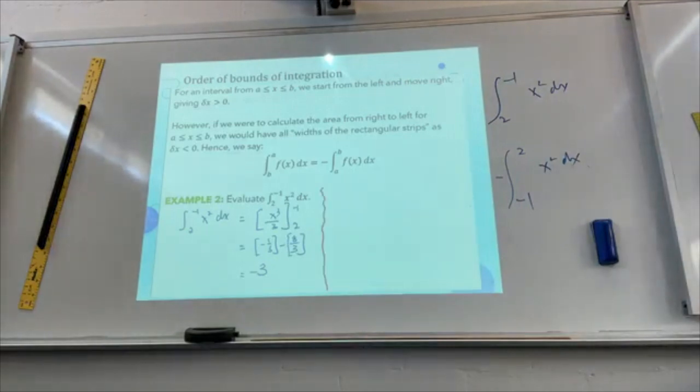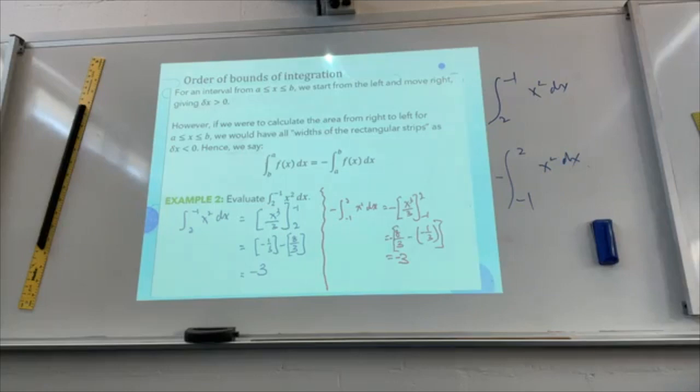But if I put a negative in, that's a negative here. Do you agree with the way I've done it? So you can see that if you go from a to b, and then you integrate from b to a, it's actually the negative of a to b, that's all.